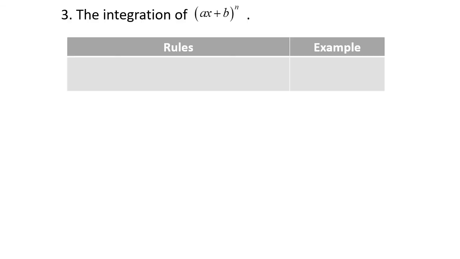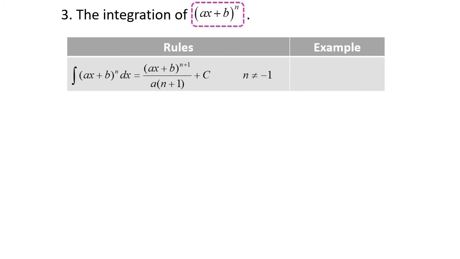Next, the integration of (ax plus b) to the power of n. So when we integrate (ax plus b) to the power of n dx, it must be equal to, first, for ax plus b and to the power of n, we need to add 1 to the power, and then n plus 1 we have to put on the denominator side, and then ax plus b, which is a linear function, we have to divide only the coefficient of x here, which is a.